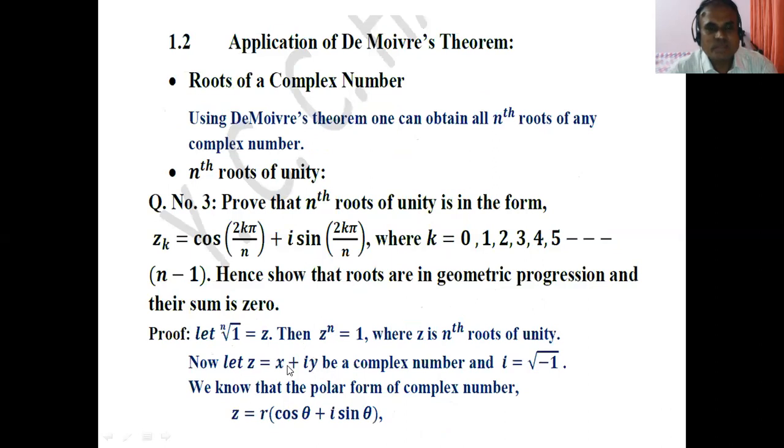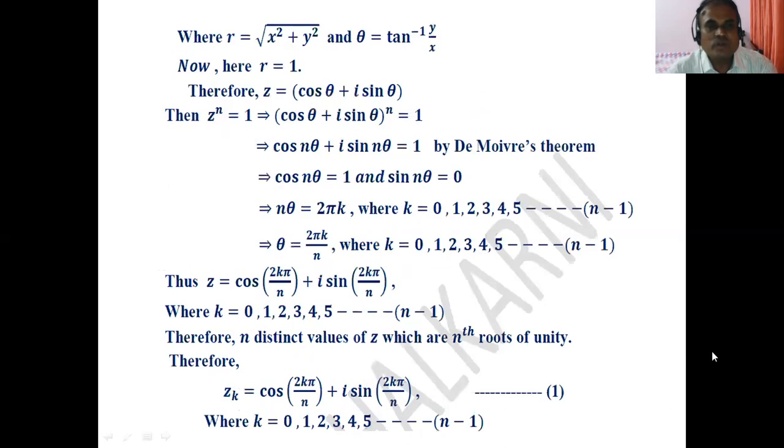Its value is x plus iy, and therefore z equal to x plus iy equal to 1. Comparing the real and imaginary parts, the value of x is equal to 1 and the value of y is equal to 0. So we put these values here and find the polar coordinates r and theta.